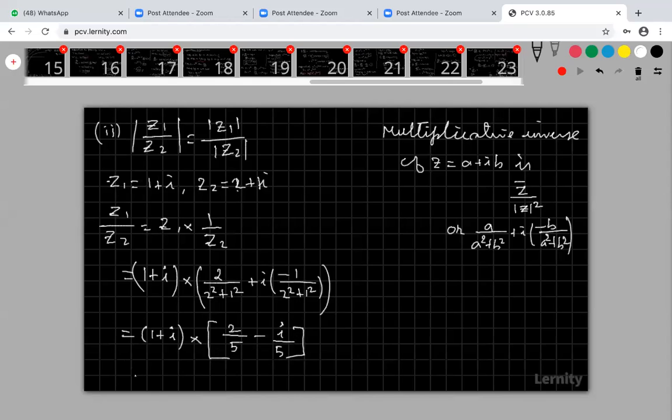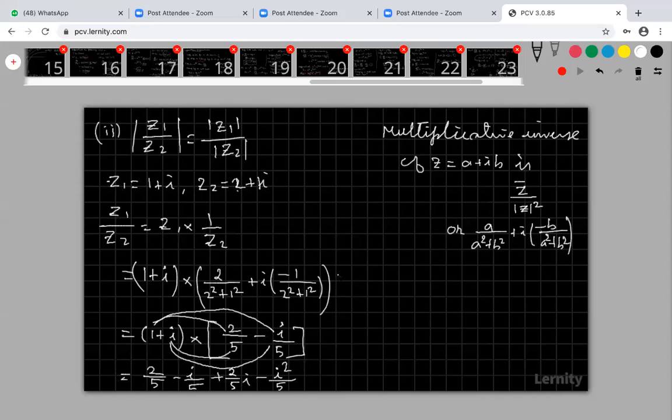Now multiply. What is the answer? Multiply this 1 into 2 by 5, this 1 into minus i by 5. So that is 2 by 5 minus i by 5. And multiply this i, so therefore plus 2 by 5 of i. And multiply this i into this, so therefore this is minus i square by 5.